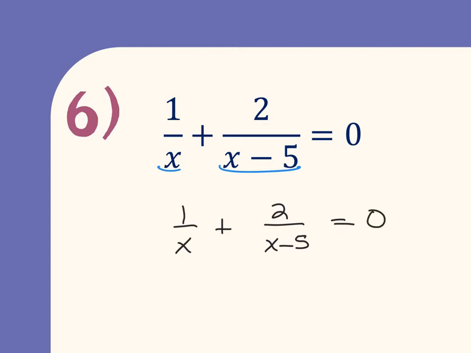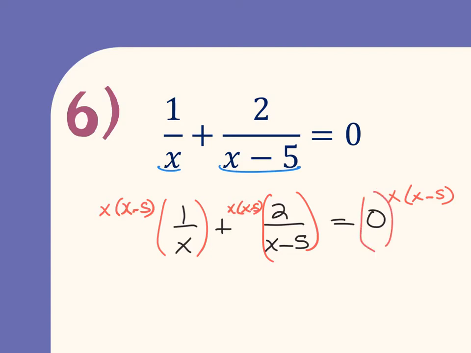I need to multiply both fractions by both pieces, not just what it's missing. So x times x minus 5, and even the 0 here. However, anything times 0 is 0. But just remember, every piece gets multiplied by that common denominator.